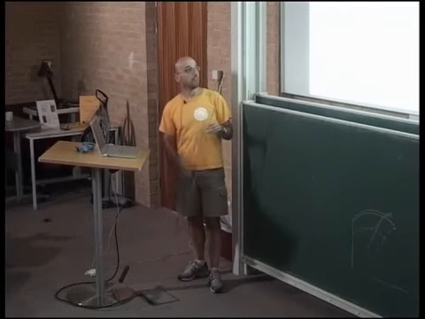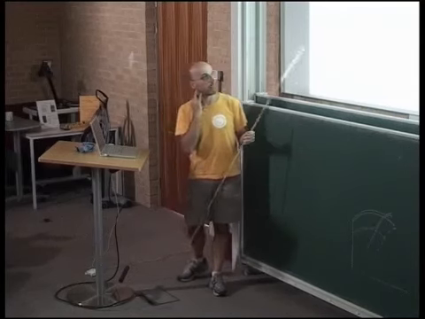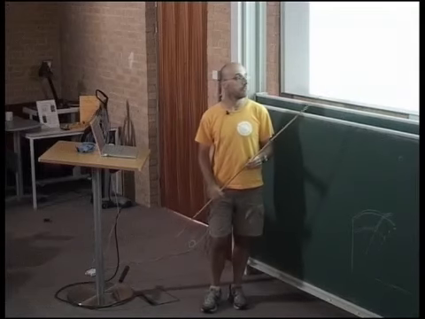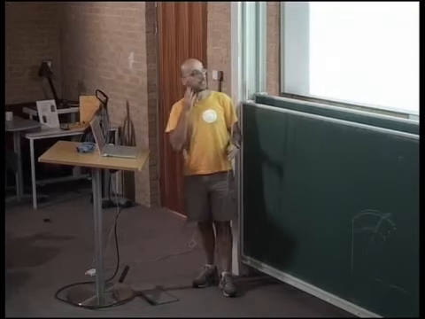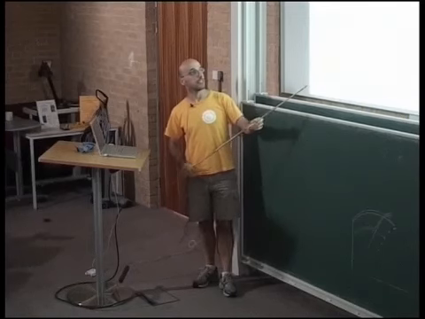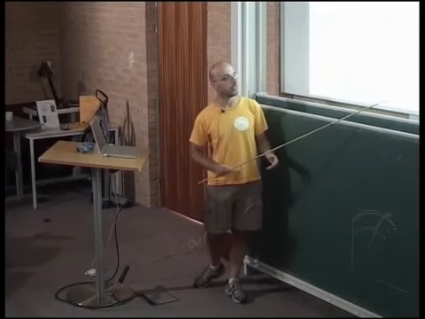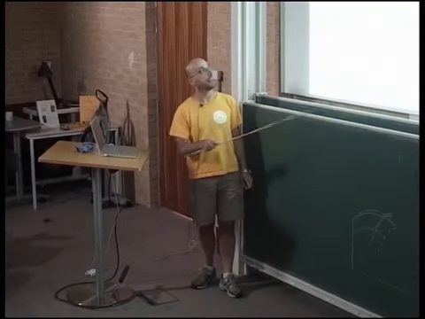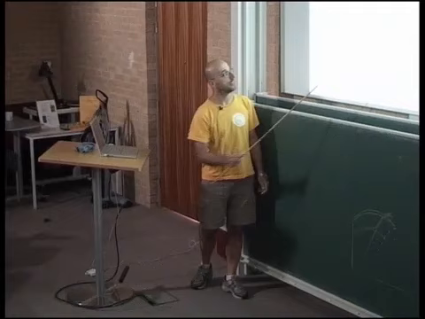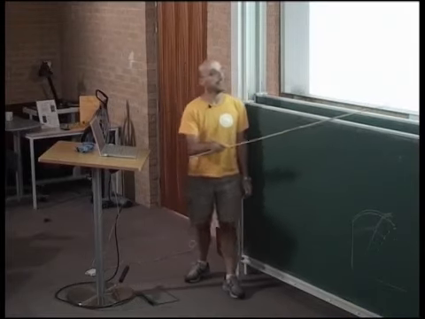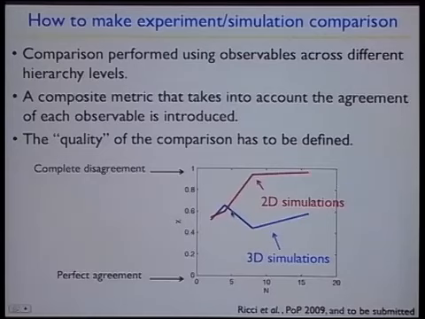And so we have applied this algorithm to compare experiment and simulation, and we have used the 2D simulation and a set of 3D simulations varying n. Here is a complete disagreement, and here is what I will call perfect agreement.